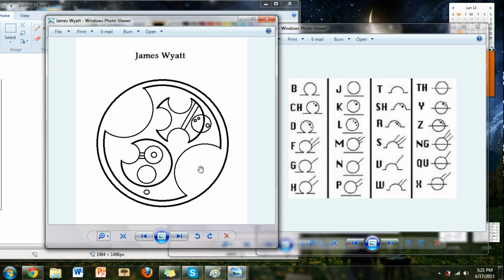You'll notice at the end, this says James Wyatt. Notice that Wyatt has two T's in a row, and this is one T, this is the second T. What I could have done, and which is correct, is I could have put a second circle right around the edge of this one, very close to it, but with a small amount of space in between it, and that would have made it a double T. And then I would not have had to include this one.